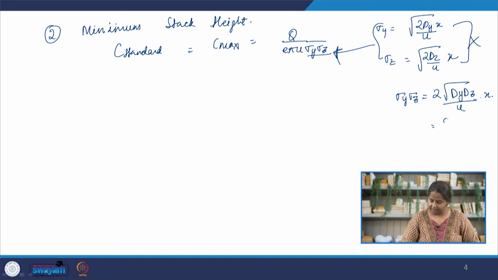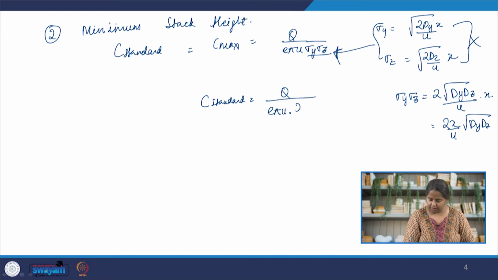So this is basically 2x u by root dy dz, and this is what we are going to replace here. So we get C standard is equal to Q by e pi u into 2x u by root dy dz. u and u will cancel each other.